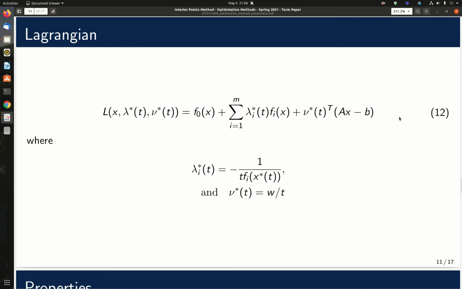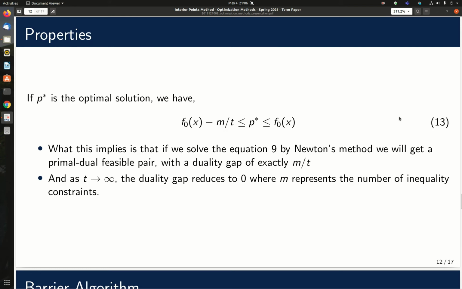Now one of the properties of this is that our optimal solution p star is between f naught of x minus m by t and f naught of x, where m is the number of inequality constraints and t is the parameter in the solution.